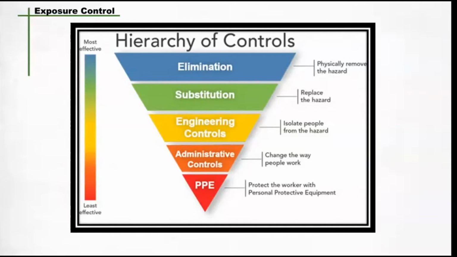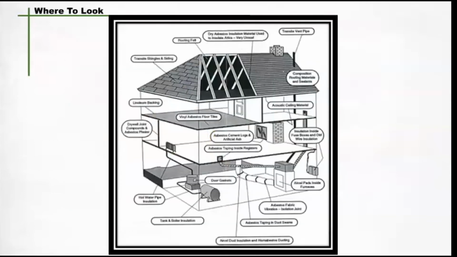If we ignore buildings that were built previous to 1995, we can seriously increase our chances of coming into contact with asbestos. You might be left wondering where asbestos lies in a building. And that's a tough question to answer. There's a lot of potential locations that asbestos products have been used.